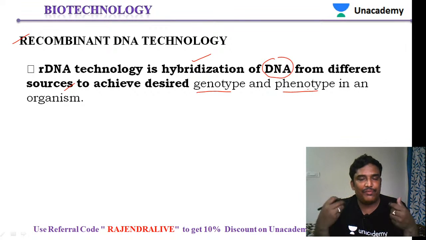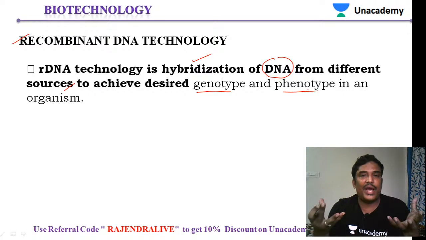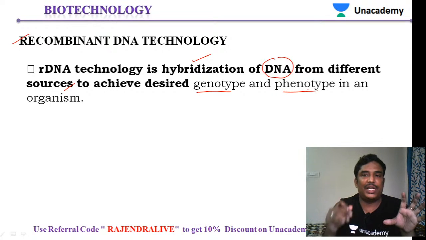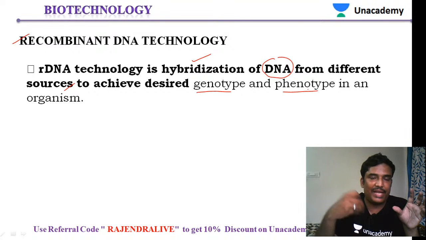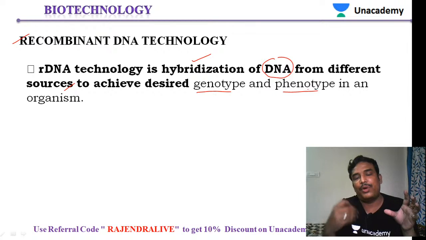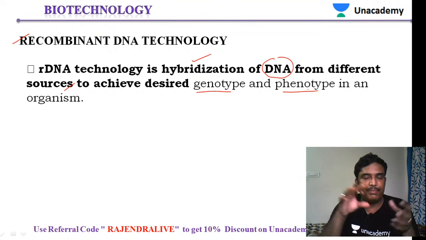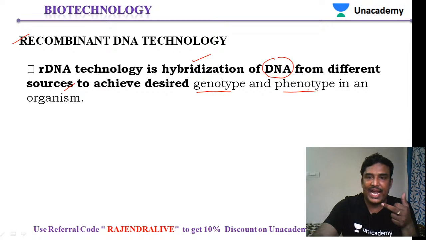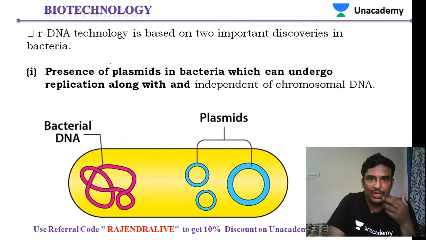Whatever genotype the scientists require, they prepare by using applications of recombinant DNA technology. If they have the desired genotype, certainly the desired phenotype will also be produced.